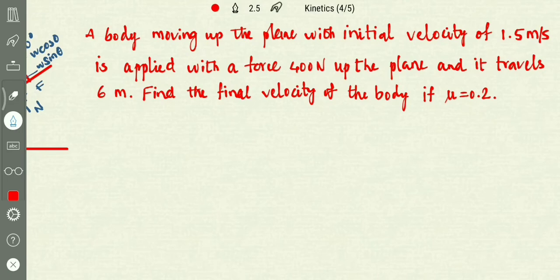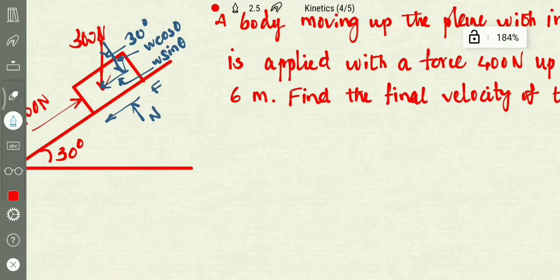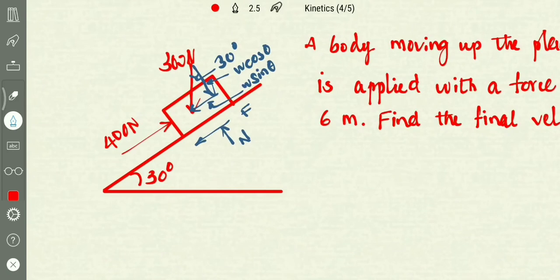So what he is saying: there is a body traveling up the plane.